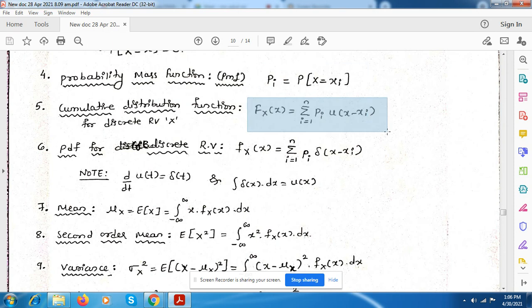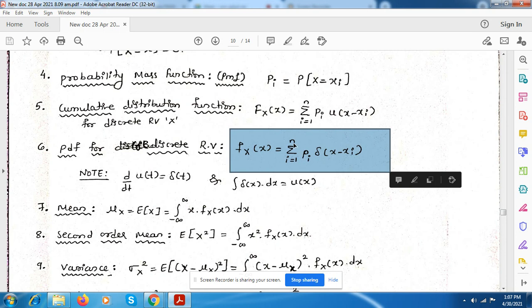This is the CDF equation in terms of the unit step function, and this is the PDF value, f_X(x) equal to the summation i = 1 to n of p_i times delta(x - x_i).